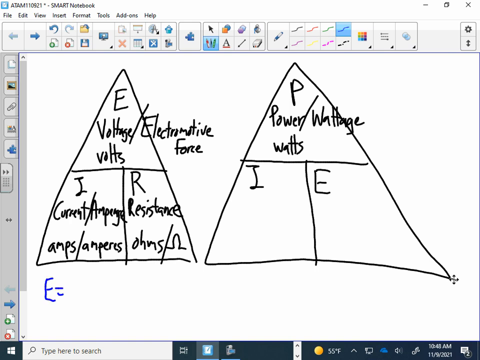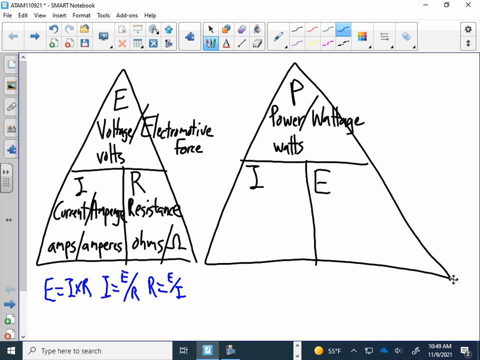So E equals I and R right next to each other would imply multiplication. Similarly, if I cover up the I, I'm left with E over R, so E divided by R. And on the other side, if I cover up R, I'm left with E over I, so E divided by I.